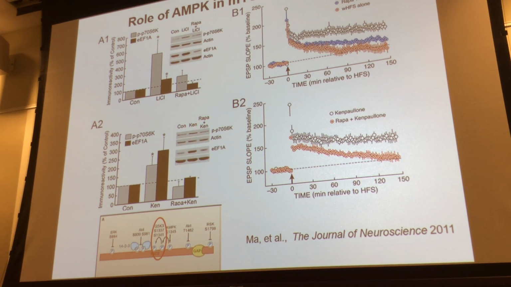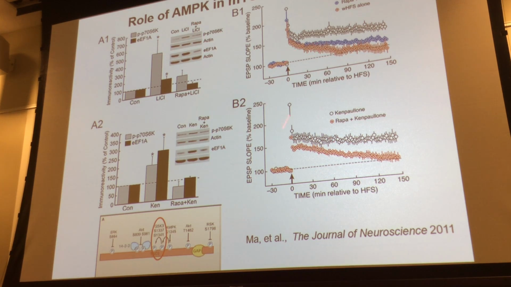That's why we also use the other compound, a structurally different but more specific inhibitor of GSK3. In any case, when you have lithium, you get upregulation of mTOR signaling, as estimated by either the phosphorylation of S6 kinase or 4E-BP. And to make sure this really has something to do with mTOR, if you apply rapamycin, this is all blocked. Okay, so that's number one.